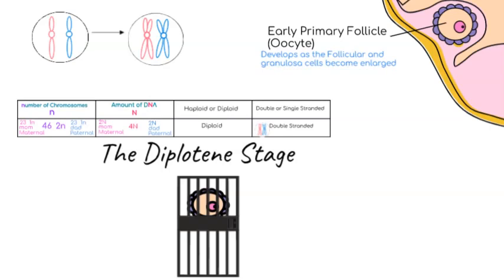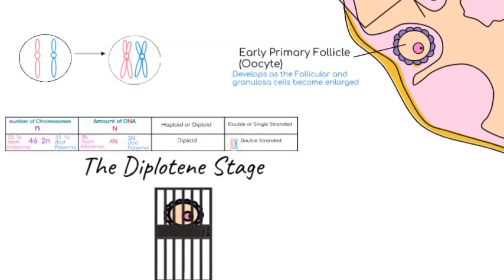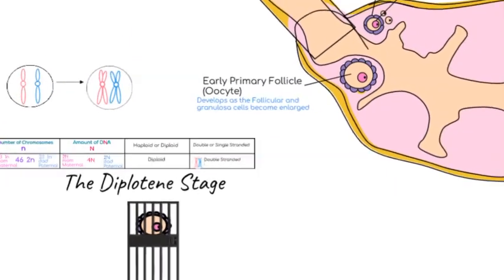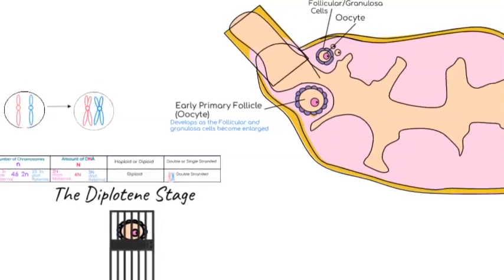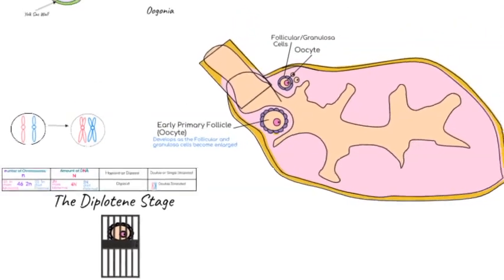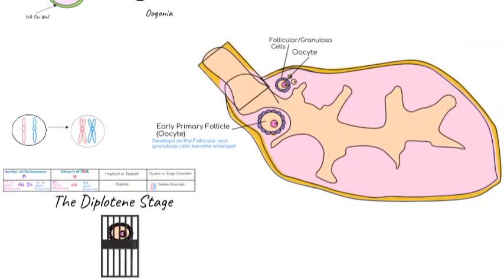We took an example of just one cell, right? An oogonium that became a primary oocyte and started the steps toward becoming your sex cells. And then they stopped at that first prophase in the diplotene stage.